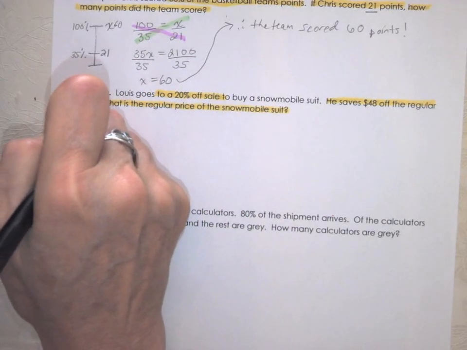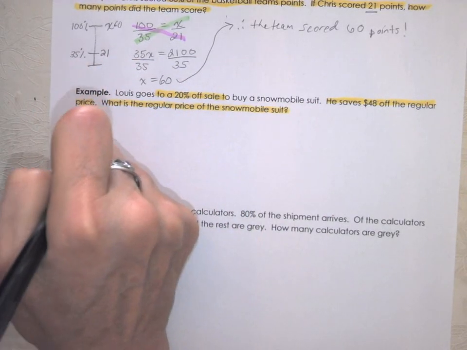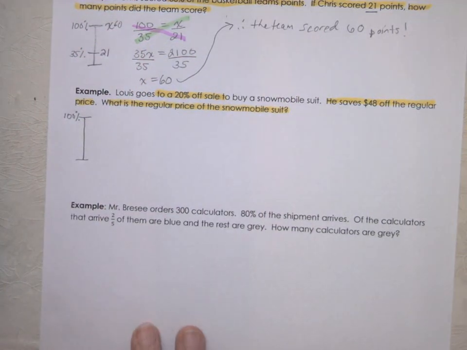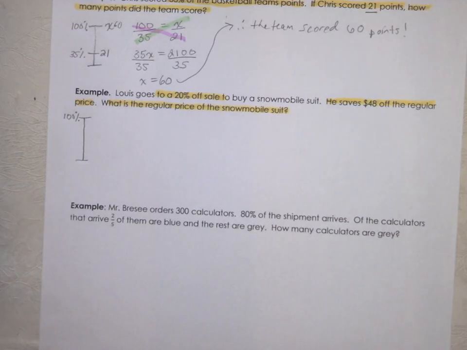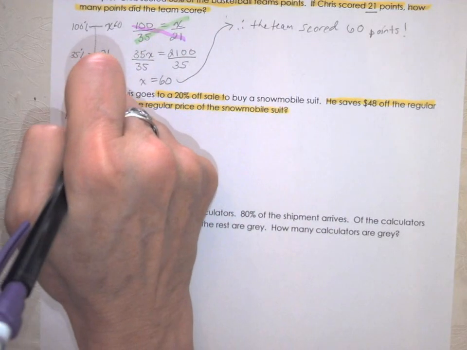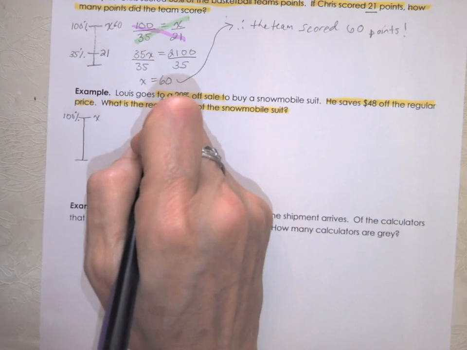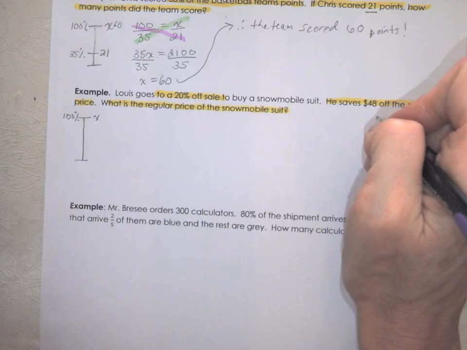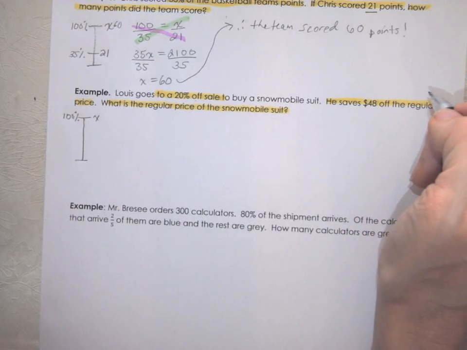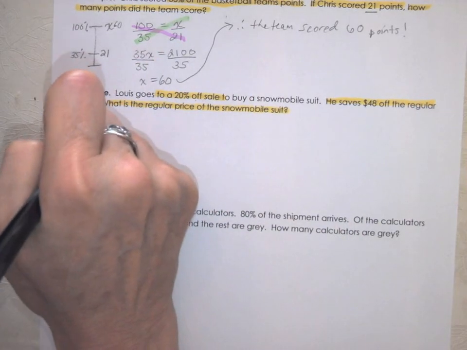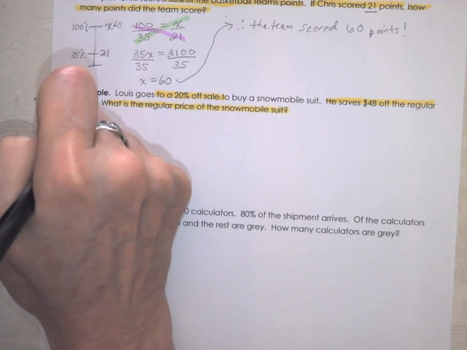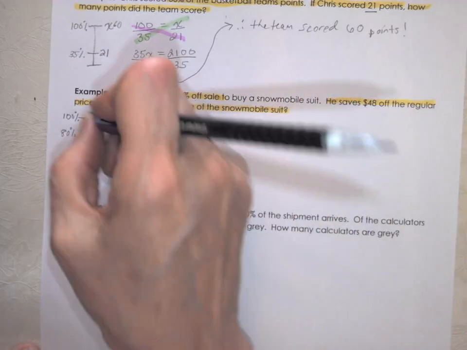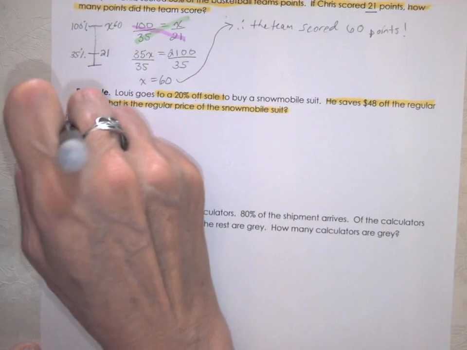Okay, so I'm going to make my whisker here. And I know 100% is the total amount of the snowmobile suit. And that's what they're asking me, so that's X. If Louis got 20% off, then if I think how much is he actually paying of the regular price, he's paying 80% of the regular price. Oh, but that's not going to help here. Sorry, guys.